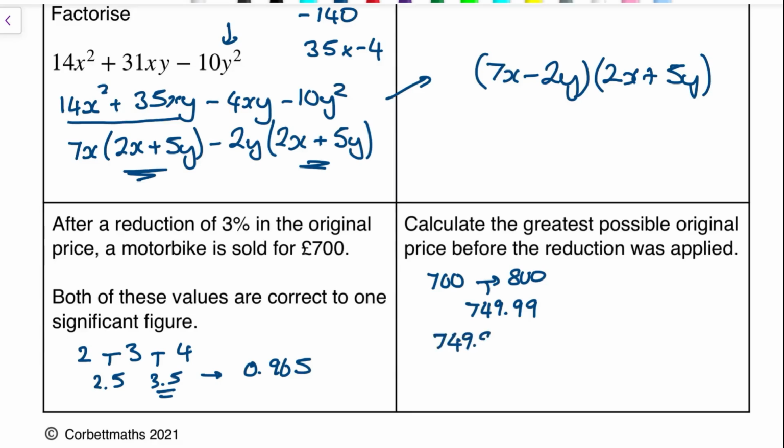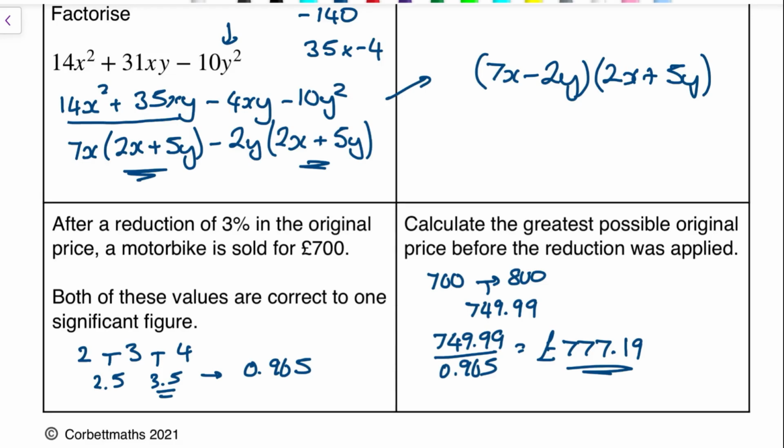So that's 749.99 divided by the discount factor, which is going to give me, get my calculator out, so 749.99 divided by 0.965, and that's going to give me 777.19. So it's going to be the original price of 777.19.